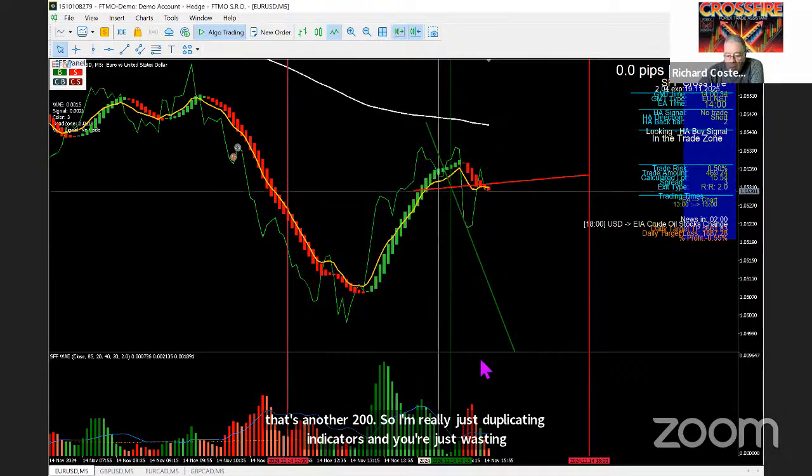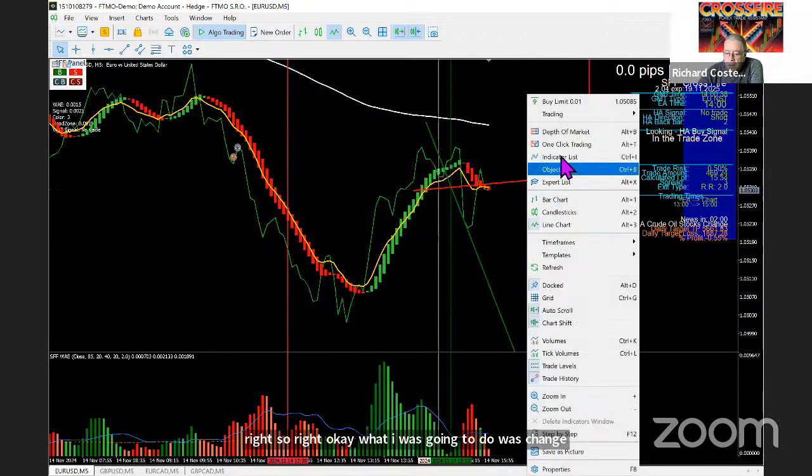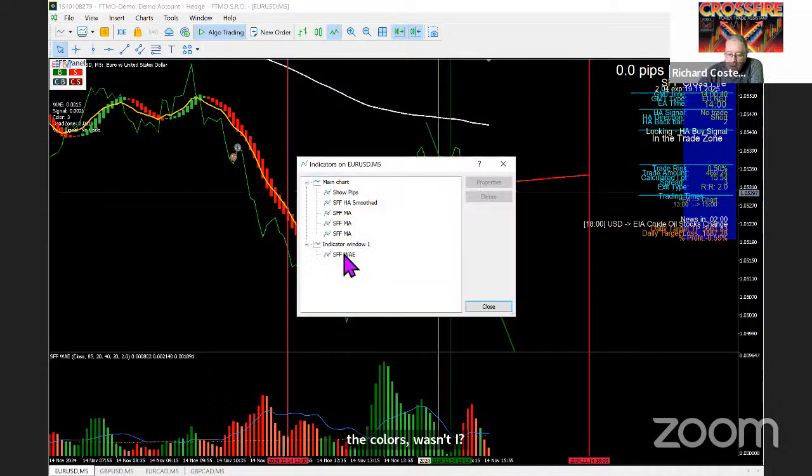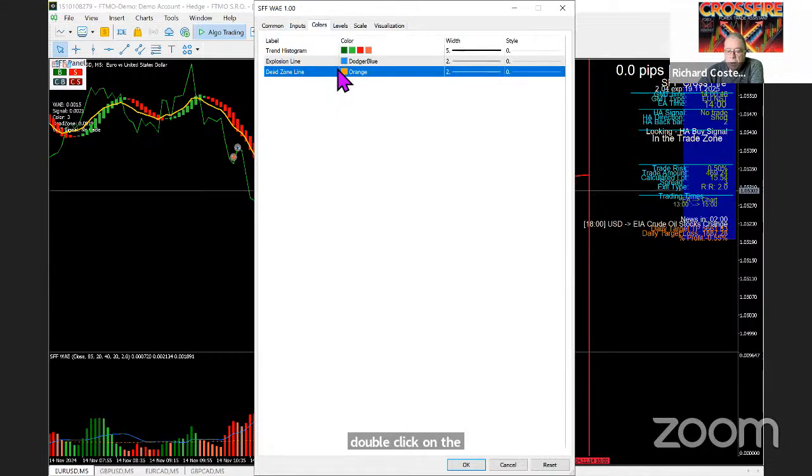So, right, okay, what I was going to do was change the colors, wasn't I? So right click, indicator list, double click on there, go to colors. I just need to move that out of the way.